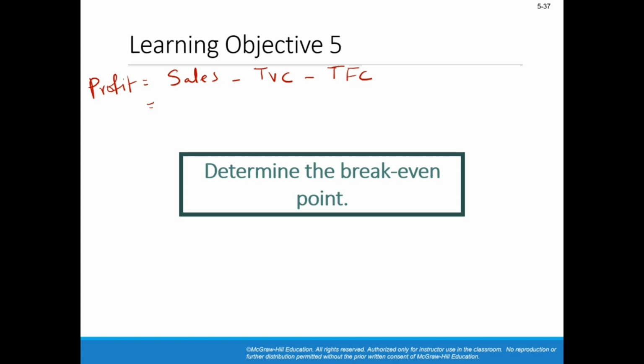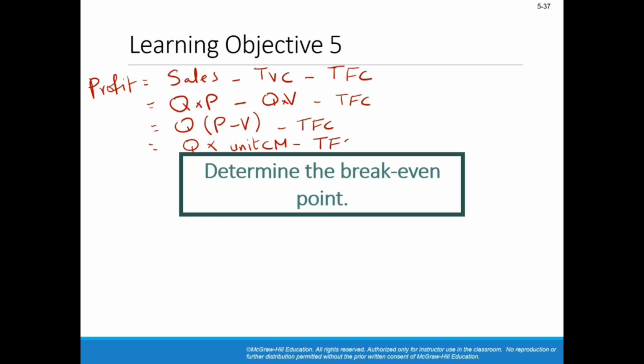Then we were able to have Q multiplied by P for sales, so quantity multiplied by price, minus Q multiplied by V for total variable cost, and total fixed cost. Then we took Q as a common factor, so it became Q multiplied by (P minus V) minus total fixed cost, and we already established that P minus V is the unit CM, so Q multiplied by unit CM minus total fixed cost. And this is always profit.